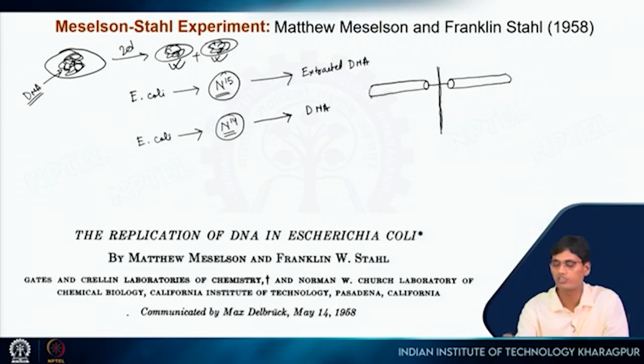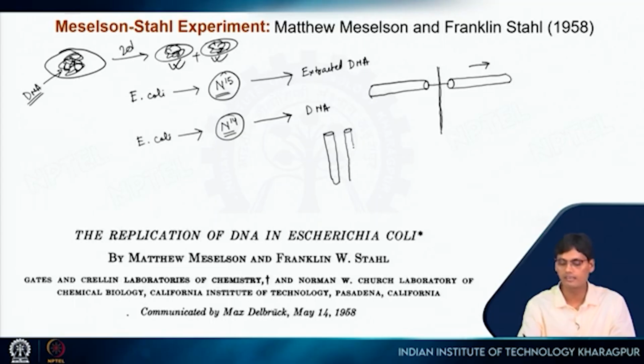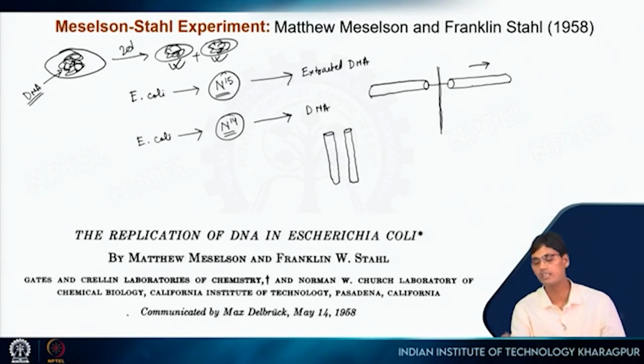So this is the centrifugal force. That's why when it is spinning very rapidly, those tubes will be like this. But when we stop the centrifugation, then those tubes will be just like this, because of the centrifugal force, it is spreading in this way.